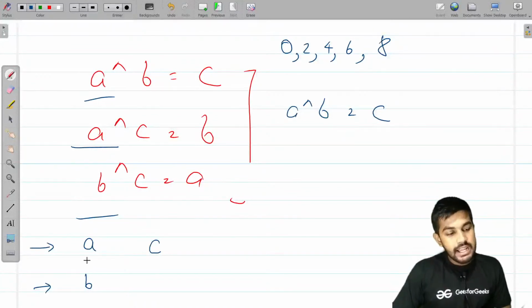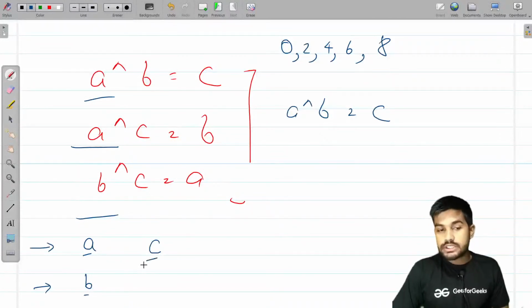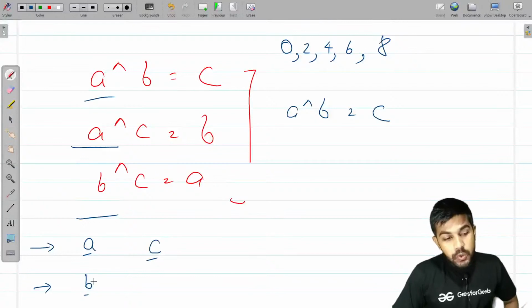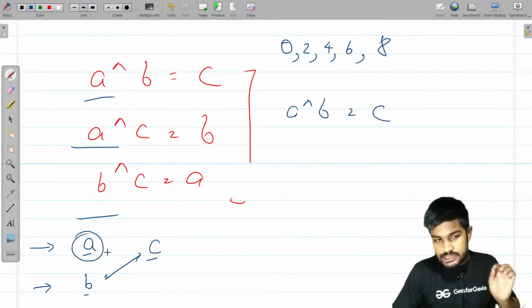So A XOR B, yeah, kind of. The thing is that suppose A belongs to the first array, B belongs to the second array. Now C belongs, suppose the answer is there in the first array itself. So we know that if we do B XOR C, we would get A. Is this clear?